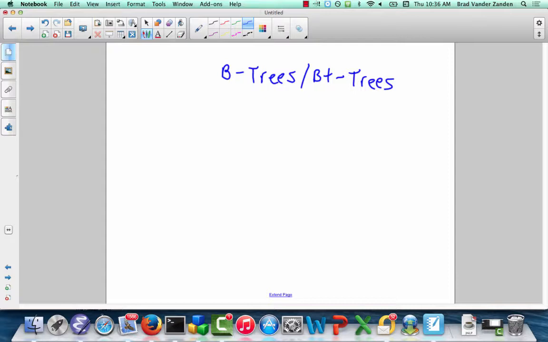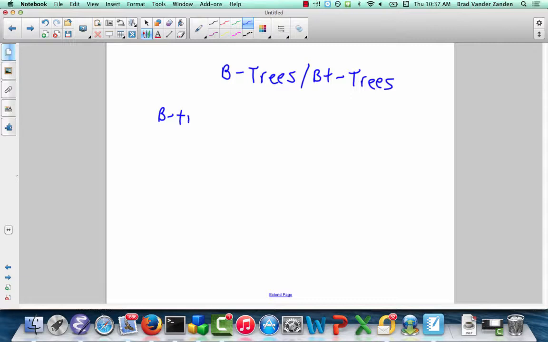It seems a logical thing to ask is there any reason why we restrict it to 2 children? Why can't we have multiple children? And the answer is there is no reason why we can't have multiple children. So B-trees are a generalization of binary search trees that are allowed to have up to m children.